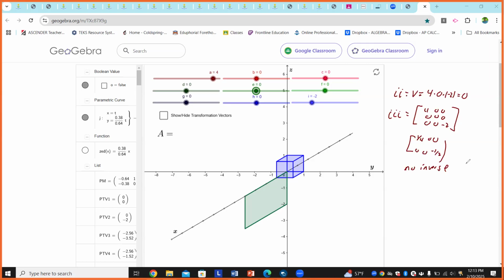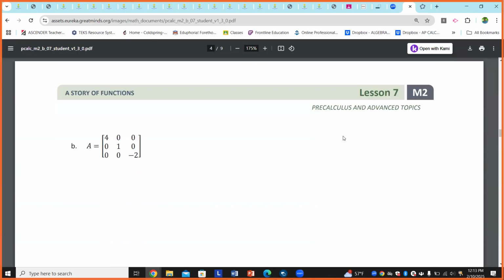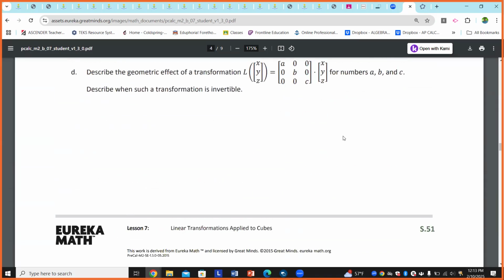All right. So let's find out what happens to matrices when it is not a pure dilation. So if we kind of clear this, let me go back to that page. So part D says, again, altogether now, describe the geometric effect of a transformation of A 0 0, 0 B 0, 0 0 C. Describe when such a transformation is invertible.